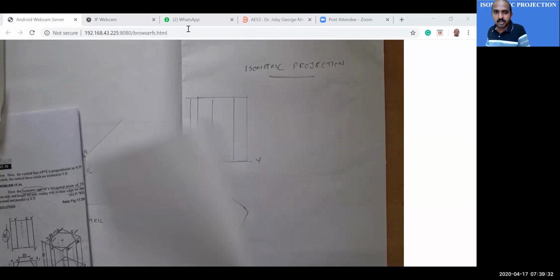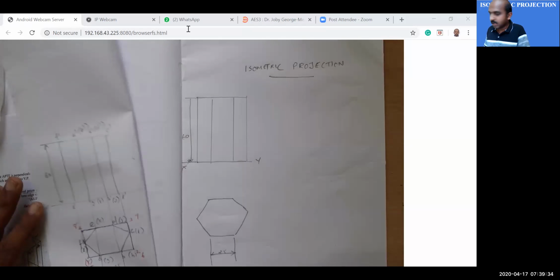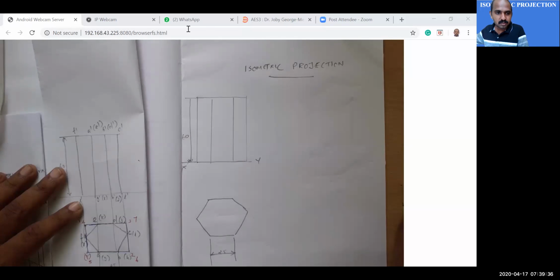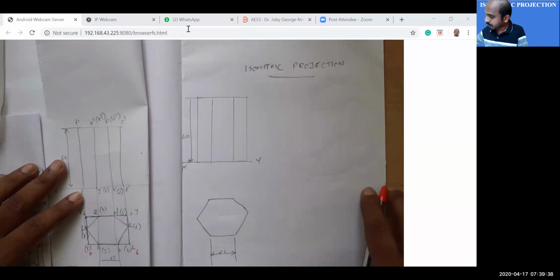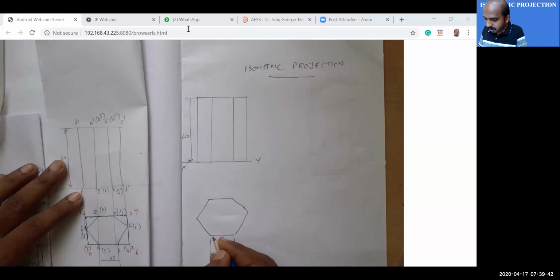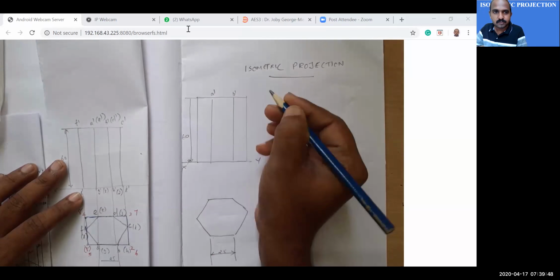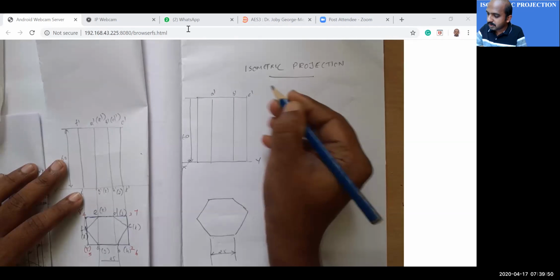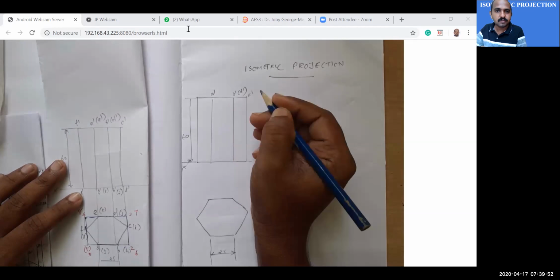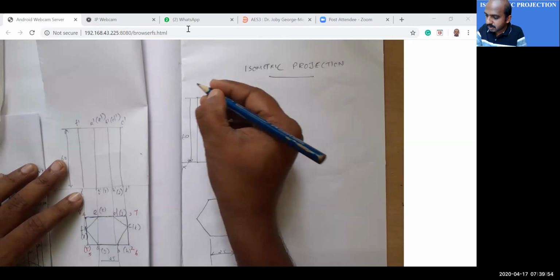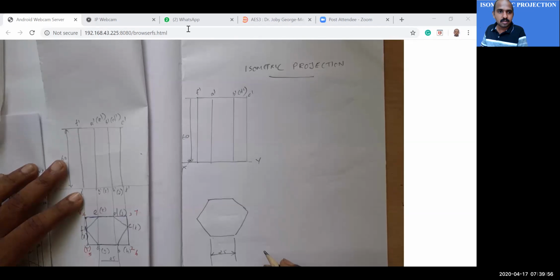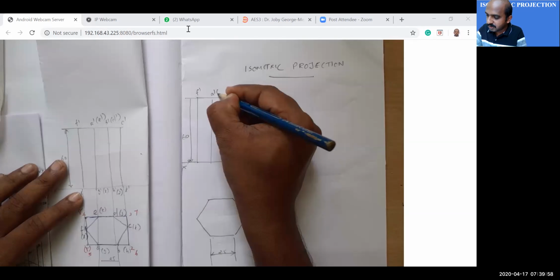You can follow the same naming as the previous problem. Here we have the top positions A dash, B dash, C dash, here is D dash, and E dash and F dash.